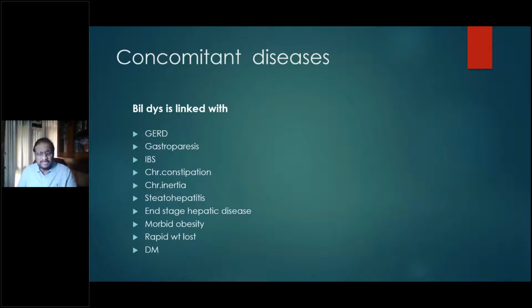These are stomach or upper GI diseases, for example GERD, gastroparesis, IBS, chronic constipation, chronic inertia, and coronary problems. Then you can have liver problems, for example end-stage hepatic disease or steatohepatitis, or morbid obesity, or rapid weight loss, both contrasting but both can give rise to biliary dyskinesia, or diabetes mellitus. So biliary dyskinesia does not necessarily occur as an isolated problem. It could be associated with a number of other diseases, right?